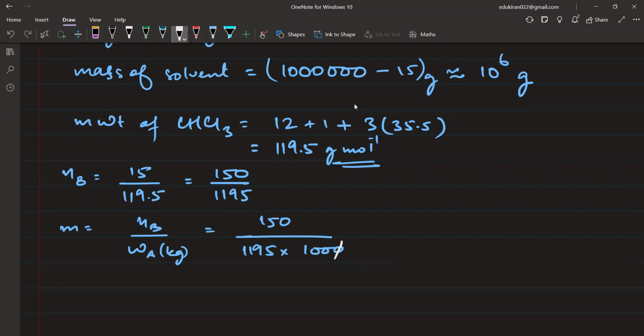Now you can cancel these things. It will be equal to 15 upon 1195 into 1000. Sorry, 100 रहेगा नहीं 1000 रहेगा ना. अच्छा नहीं 100 रहेगा, 150 को हमने कैंसिल कर दिया ना, 100 it will be. So calculate this 15 upon 1195.